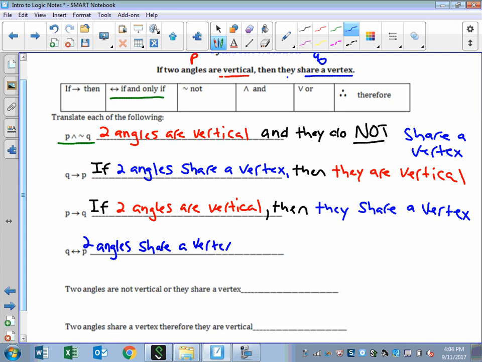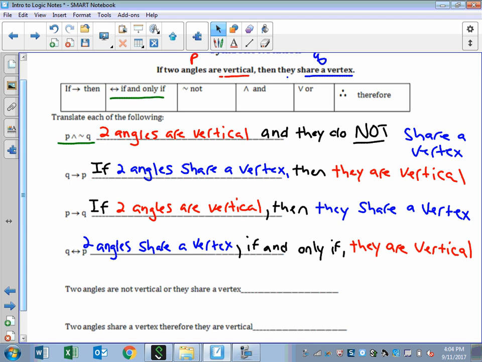That's our Q, comma, if and only if, because we have the two-way arrow. Two angles are vertical. So if and only if they are vertical. So that's how you write that out.